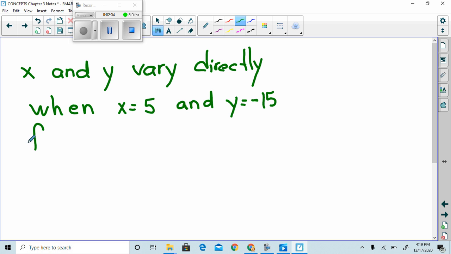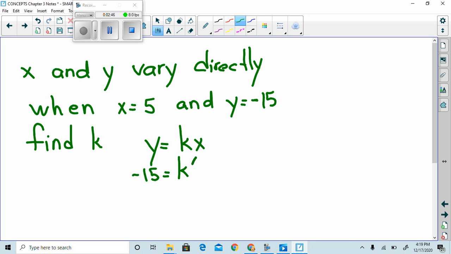Find k. To find the constant of variation, y is equal to kx, y is -15, and x is 5. Divide both sides by 5, and k is equal to -3.